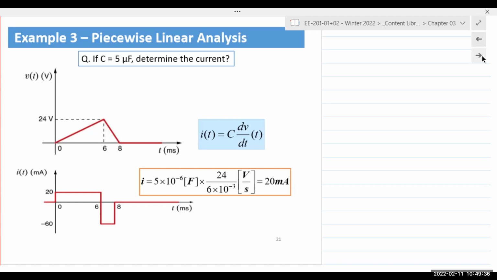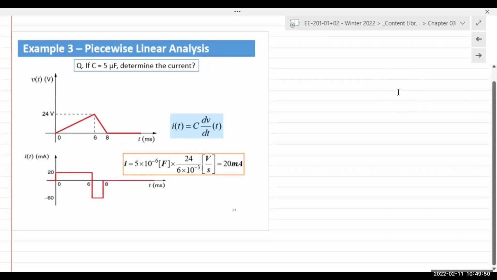So this is similar to example 1 in the sense that the voltage is given to us and we want to find the current. Example 4, we are given the current and we want to find the voltage. All right, so let's begin. We'll use simple techniques that we have learned in the past, like the slope line intercept method, to write an equation for the line.